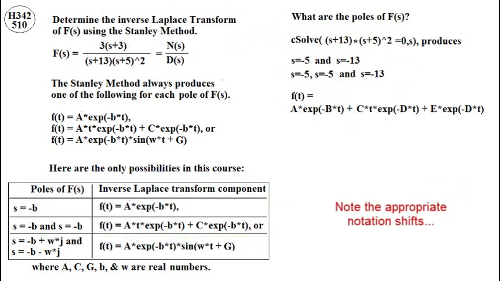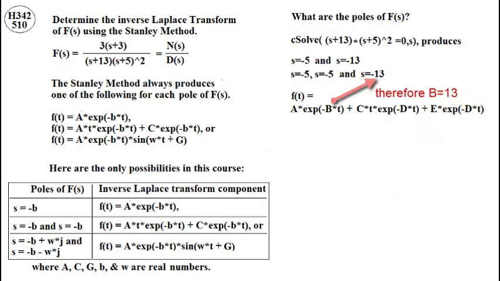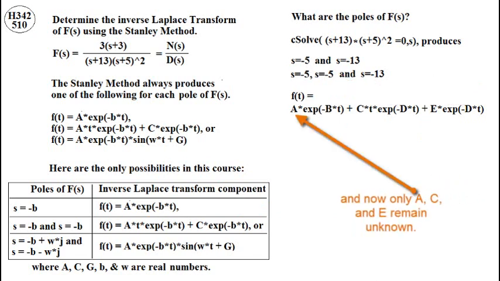Note the appropriate notation shifts. C becomes E, and B becomes D, and A becomes C. Therefore, B equals 13, and D equals 5. And now only A, C, and E remain unknown.